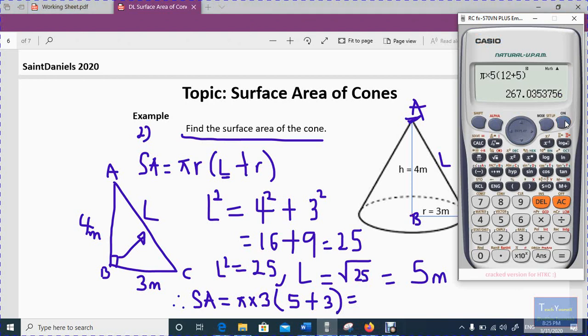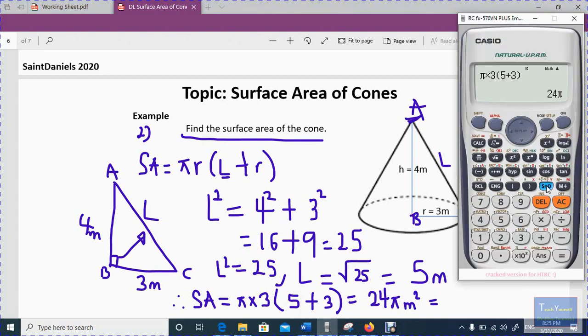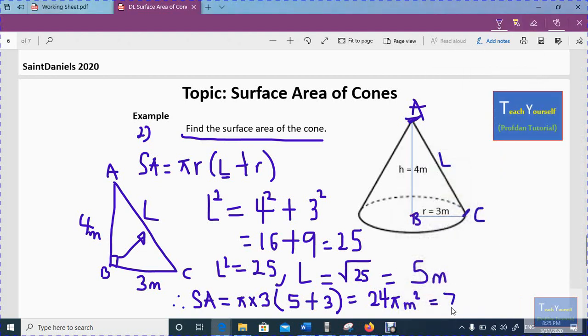With the use of calculator, I can have pi times 3 into bracket 5 plus 3. And this is your final answer, 24 pi. In terms of pi, the surface area is 24 pi meter squared, as you may have in some objective questions. If it's given in terms of decimal, remember, I can just press this and get the value out, 75.39 meter squared.